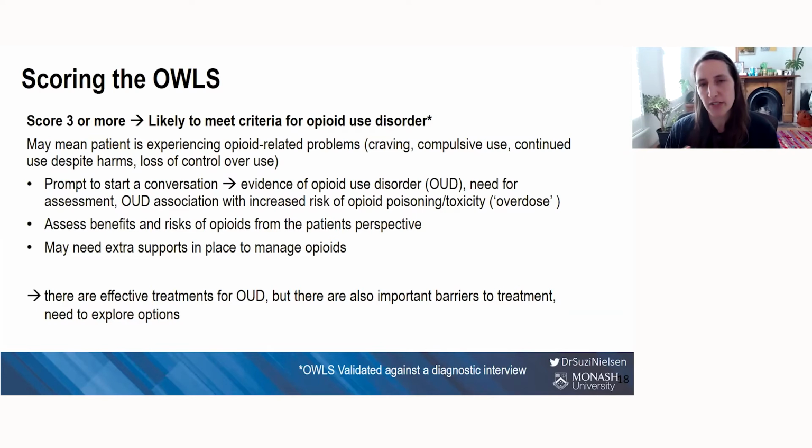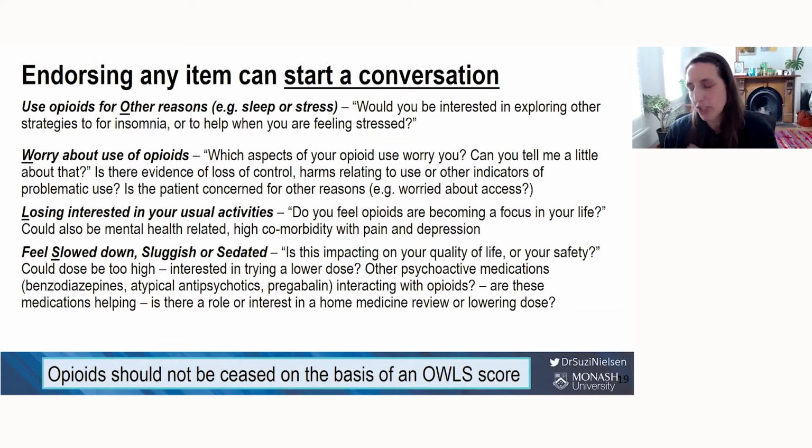Just in terms of those 4 items, if a patient endorses any of those and you're using this for screening, I would recommend that it be a really good prompt for starting a conversation.